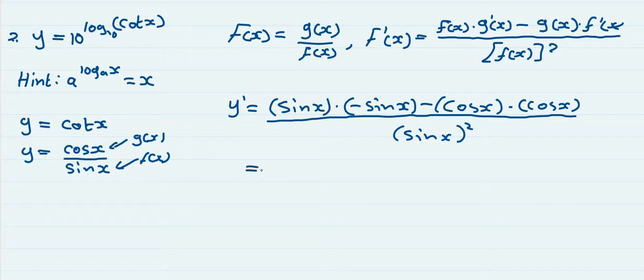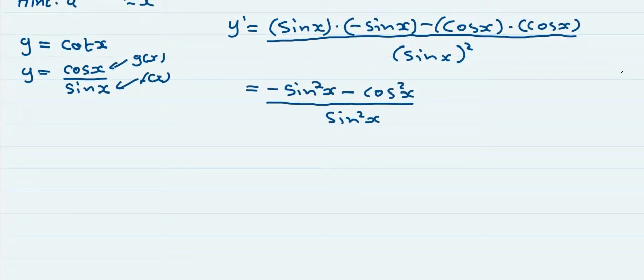Then sine multiply by sine is negative sin squared x minus cos multiply by cos is cos squared x, all divided by sin squared x.